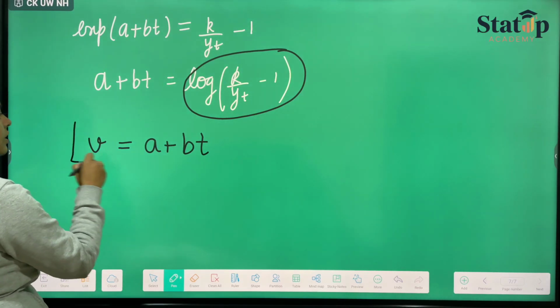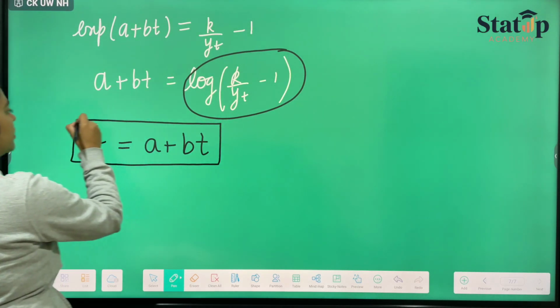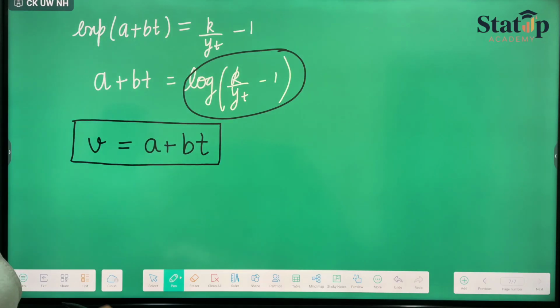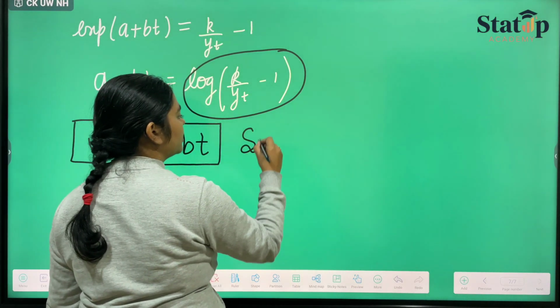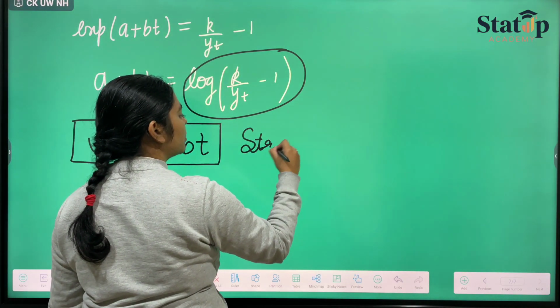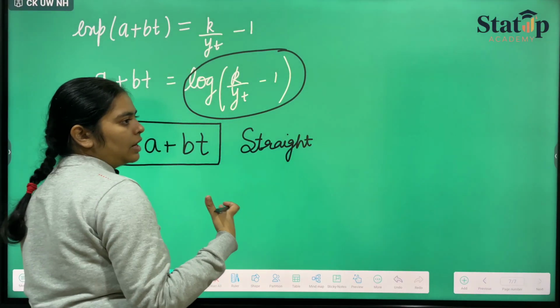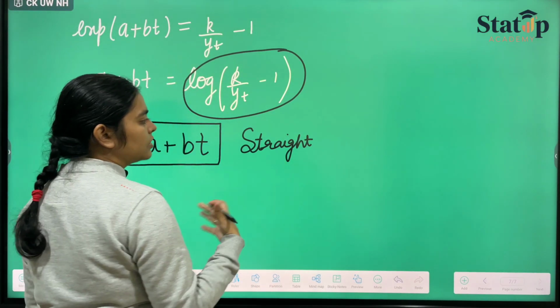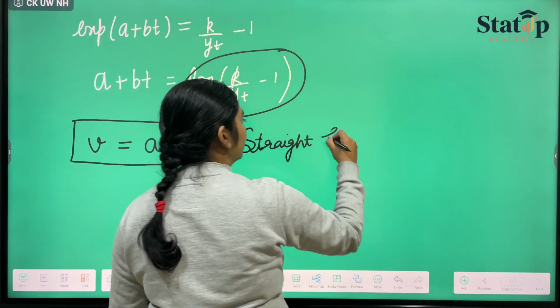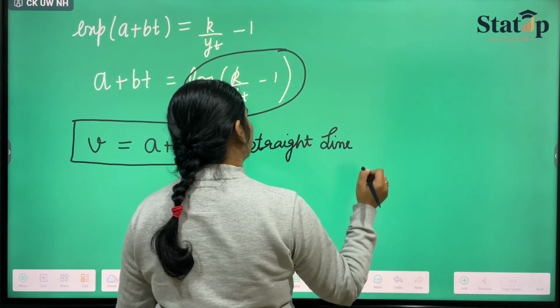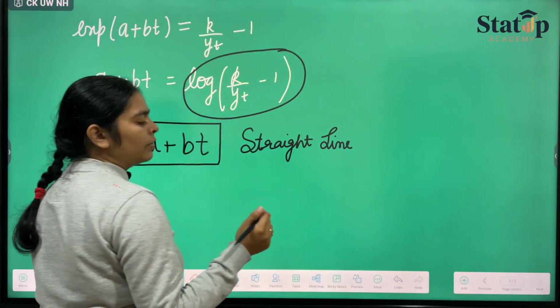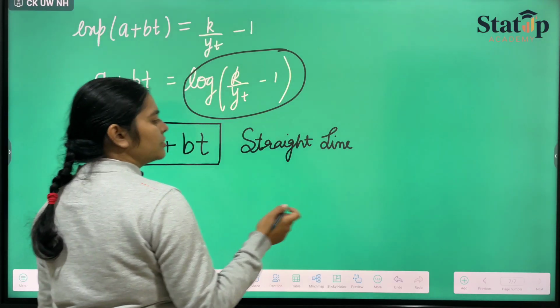As we see clearly, this is the equation of the straight line curve, which we did when we started the curves, the first curve which was the straight line curve. If you don't remember that, you can see one of the previous lectures of time series.